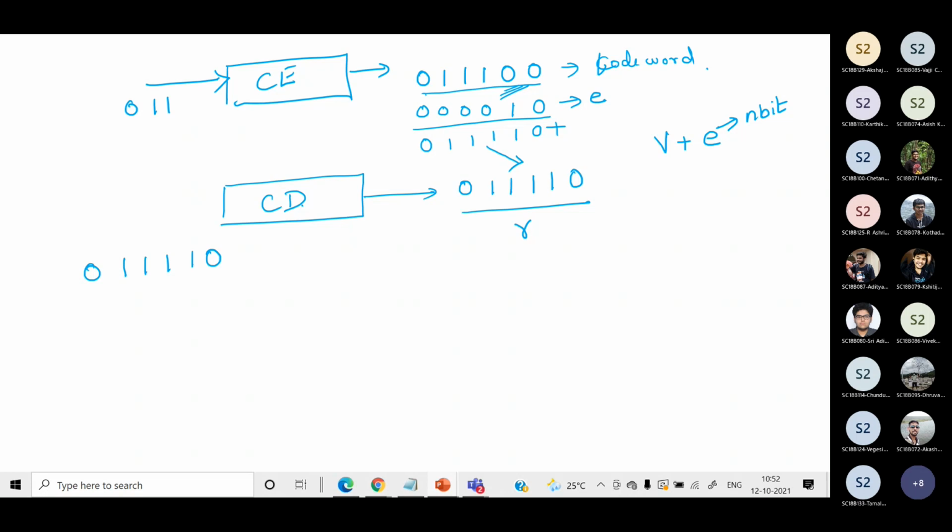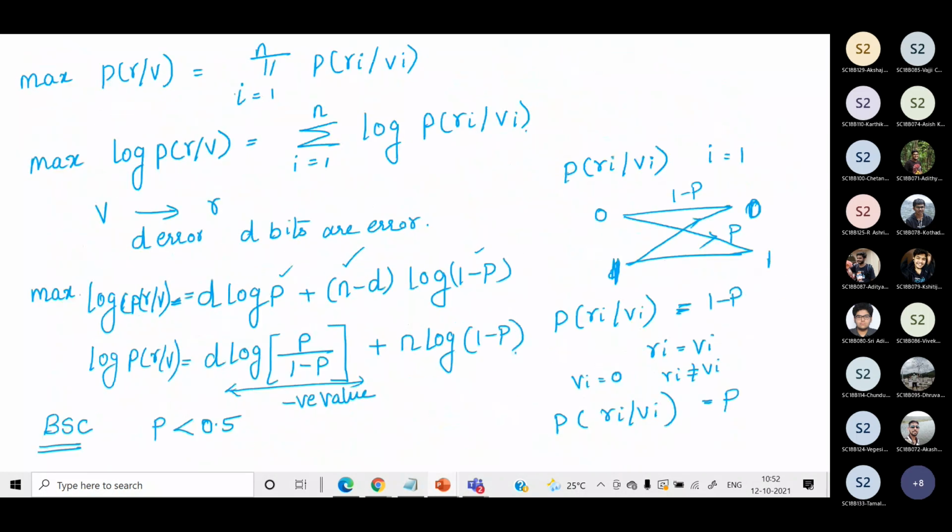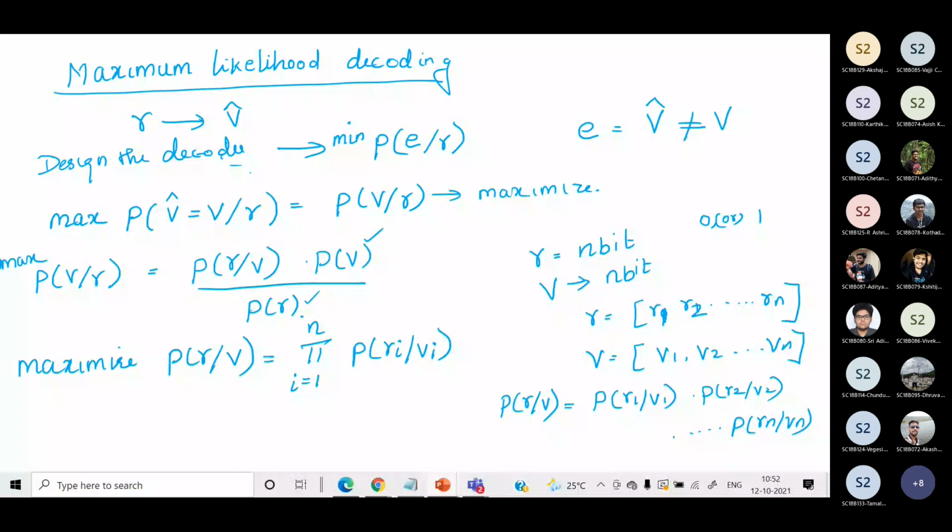If I want to do error correction, what decoding structure should I have? All those things we will see later. So this is the overall idea of channel encoding and decoding. The decoding logic we are using is minimum distance decoding to correct the error. Next class we will see more of the detection capability and all.